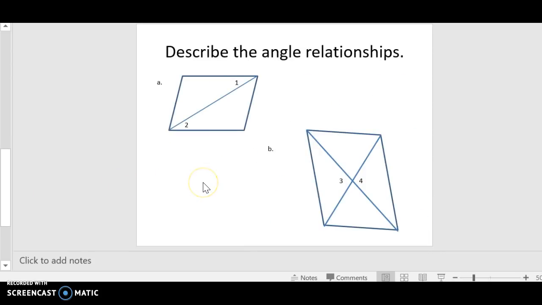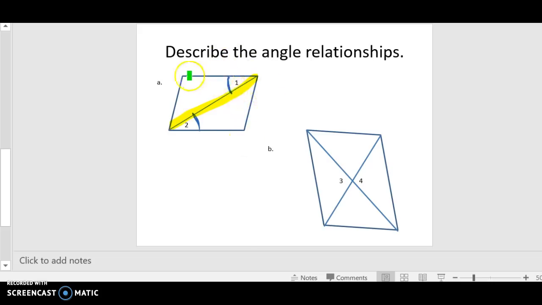So now let's look at these. Whenever I do these, a lot of times I'll put an arc in the angles I'm looking to describe. Then I'll highlight the line they both touch. That line there is the transversal.